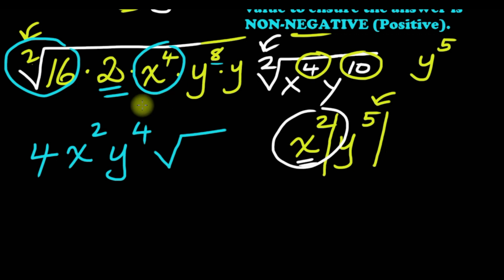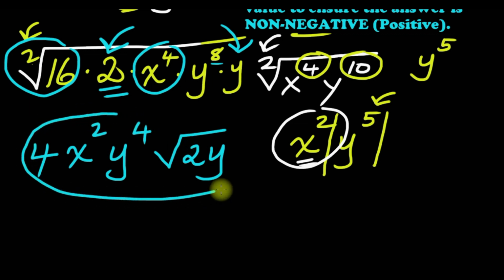And then square root of 2y. You can see the square root of 2 we don't know, and the square root of y we don't know, so it stays inside the radical sign. So that is your new radicand. So the final answer here is x squared y to the 4th times the square root of 2y.